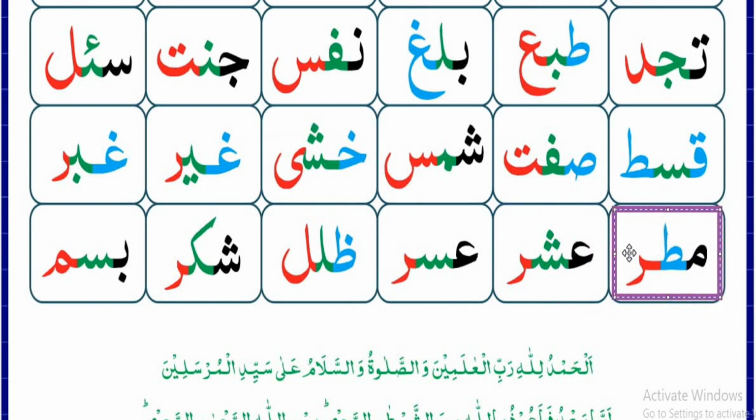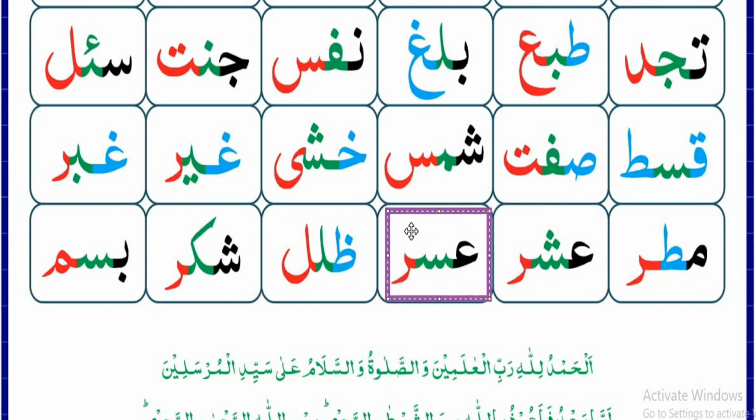And that is the half shape of mim. It's mim, twa, ra. And that is ain, sheen, ra. Ain, seen, ra.